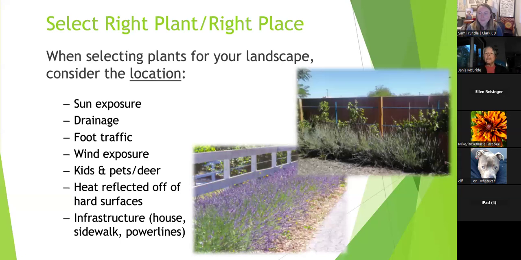Now, in these pictures, this is lavender. Both photographs are lavender. In the top picture, you've got lavender that's sitting in front of a whole row of grapes. Now, grapevines do require more water. I think it's grapevines. The message here is that lavender in the top photograph is getting irrigation.